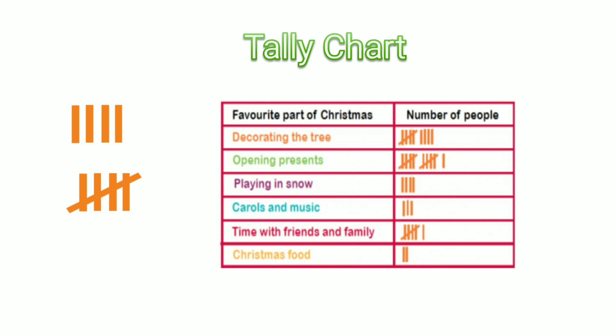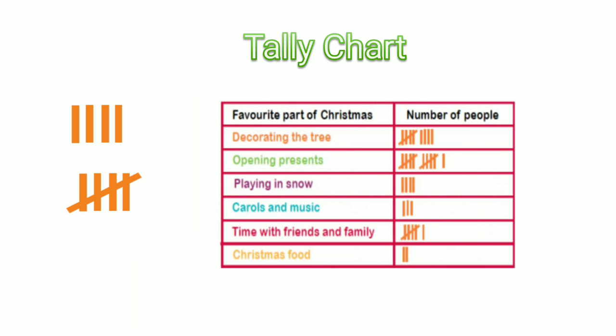Here you can see we have used straight lines to represent the number of people or number of marks. You can use it for the number of students also. One vertical line is made for each of the first 4 numbers, and the fifth number is represented by a diagonal line across the previous 4 lines.